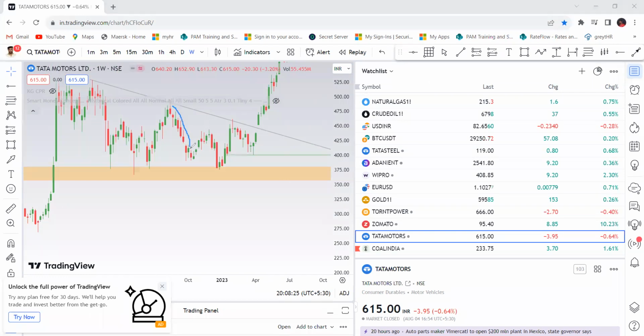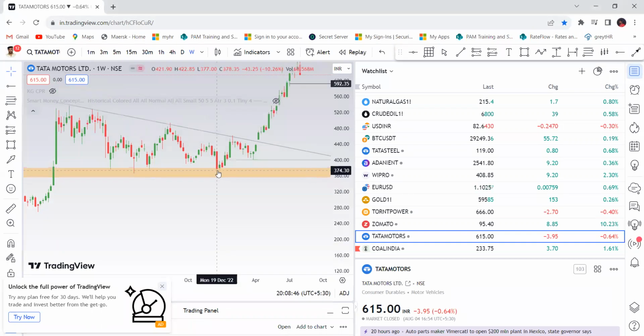Price is coming down and it has reached the support and formed a red candle. Then from here, one big green candle engulfs this one. After that, price started shooting up. Even this candle is found at the support level.